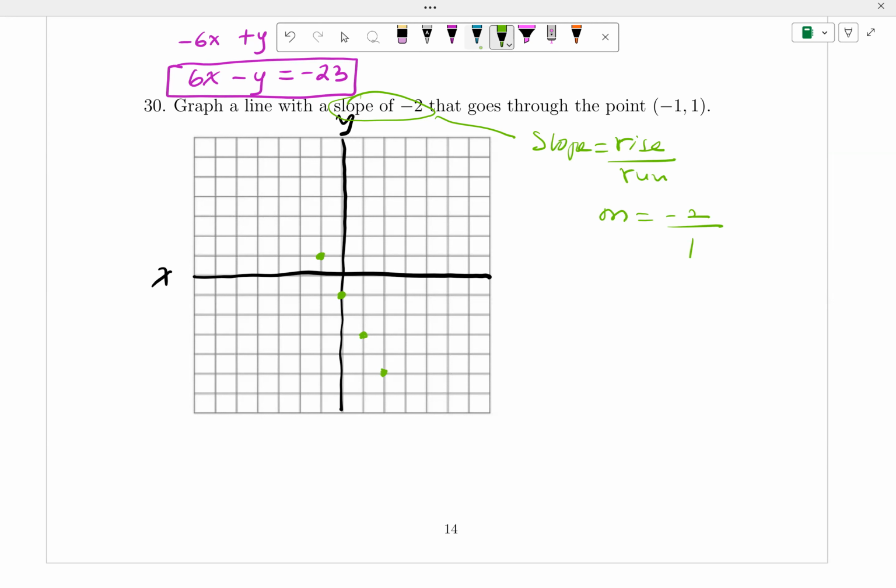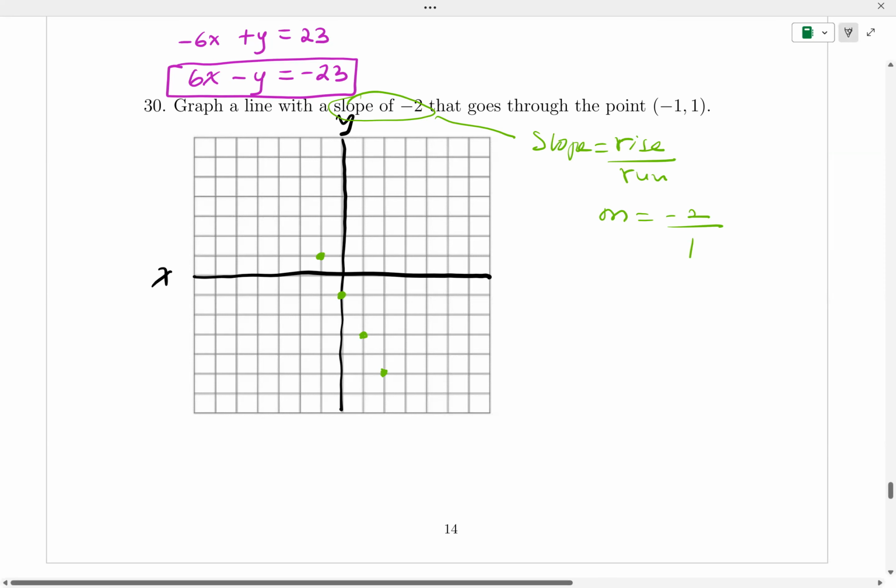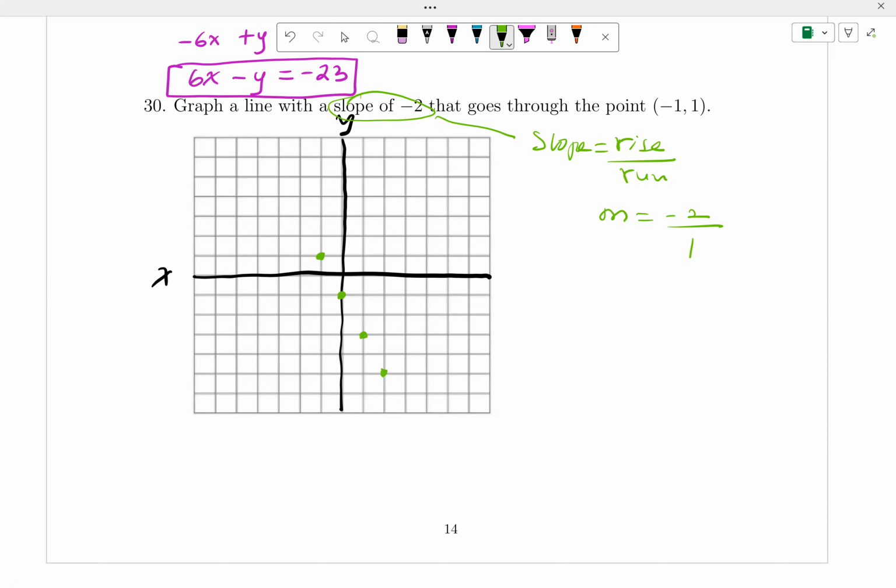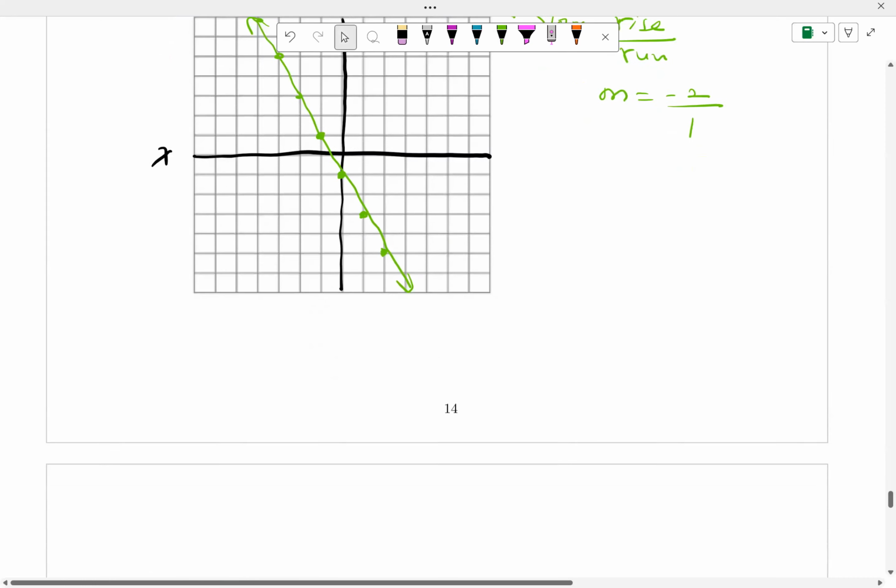So when you're drawing your line, it's going to be nice and smooth. I wish I had a ruler, but I don't. But I'm going to try my best to join these dots. So I should have a line that looks like that. That's the graph of that line.